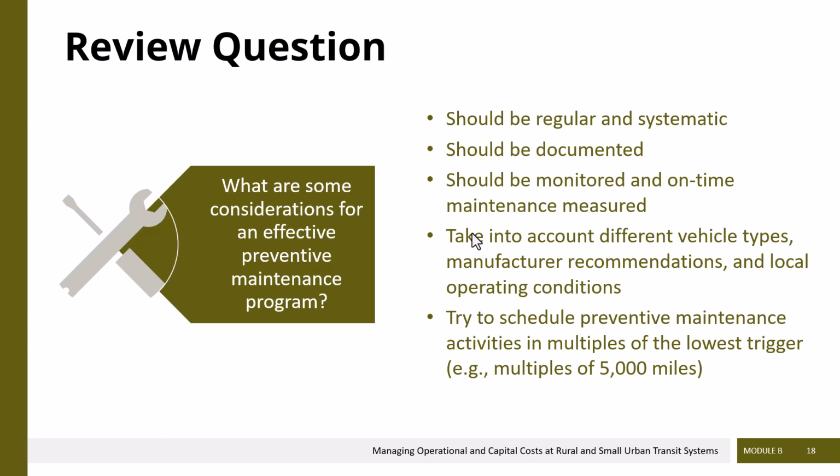And last, it's good to try to schedule your preventive maintenance activities in multiples of whatever the lowest trigger is, right? So if your baseline PM is 5,000 miles, then you want your more robust PMs at intervals of multiples of 5,000 miles, like 10, 15, 20, 25, etc.